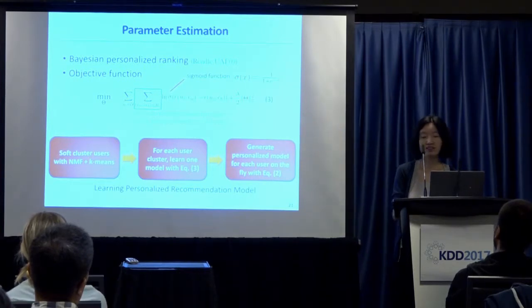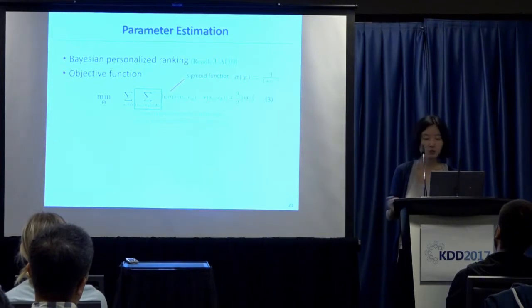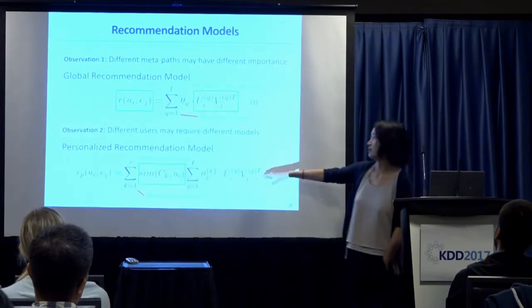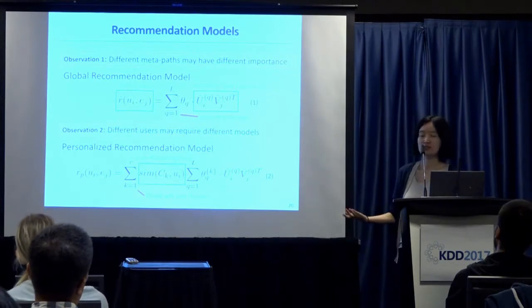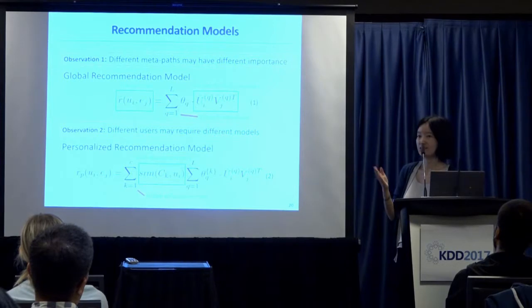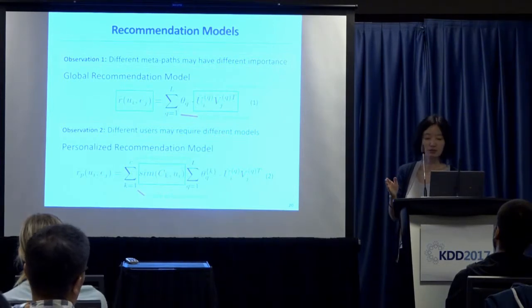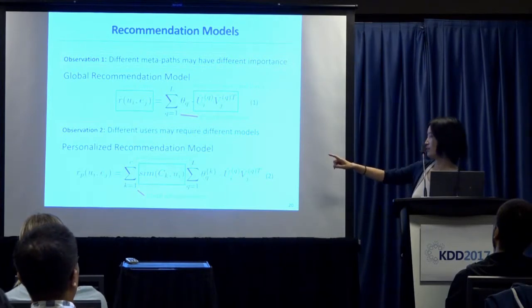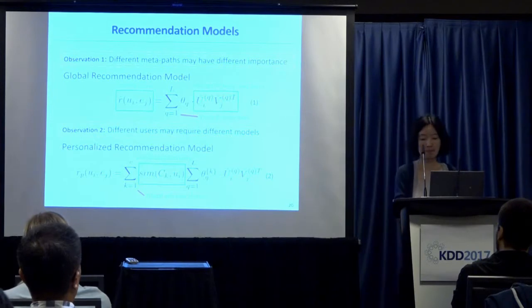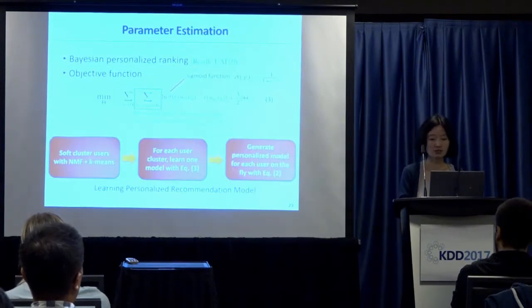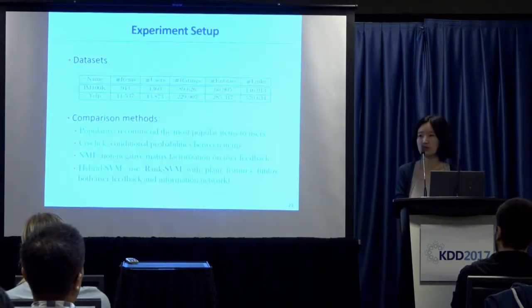And then once we learn the theta for each group of users, we plug it back here for the personalized model, because here we need to know that this particular user belongs with some percentage to some group, and for that group, you're going to use the weight learned from that group. Okay. So then we can do the recommendation. So far, any questions?